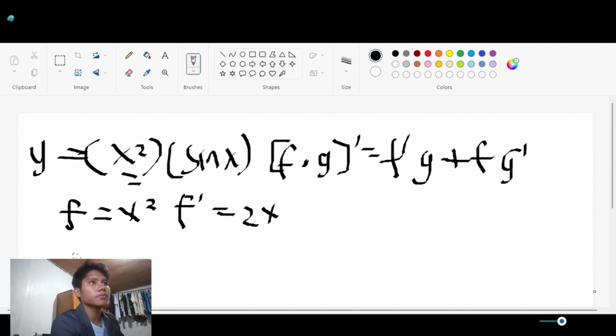And then for our g, it would be sine x, and our g prime would be cosine x.